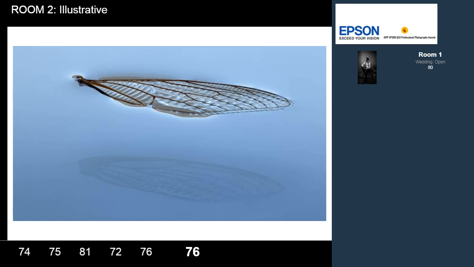The shadow at the bottom, I enjoy it being so soft because it does keep your eye back on the main subject at the top. If that had been sharper, more dense, then I think you would have had that problem of not knowing which bit to look at first. But the fact that that is soft is keeping your eye back up at the top. And for me, it's just an image of great intrigue.